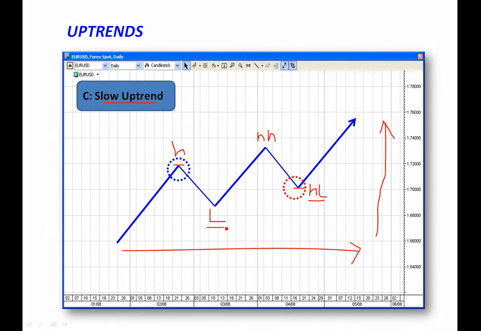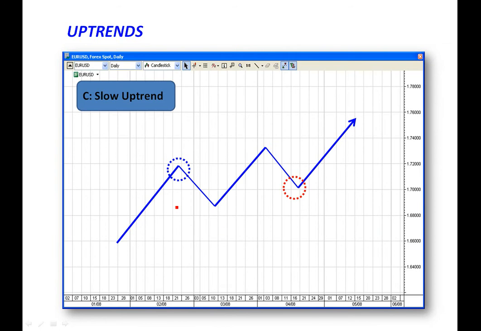Let me give you an example over here. If this is $11 and this is $7 and this is $13, this could be at $9. You see, the higher low of $9 is lower than $11, but this price is still higher than $7.